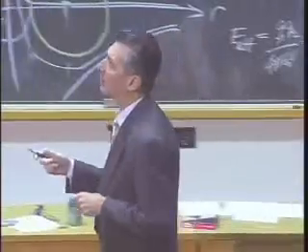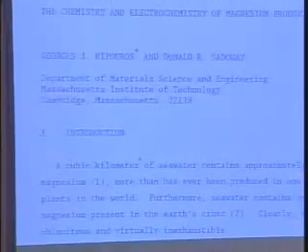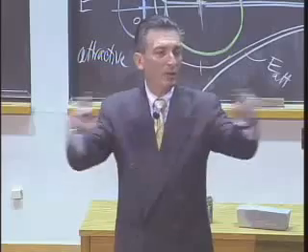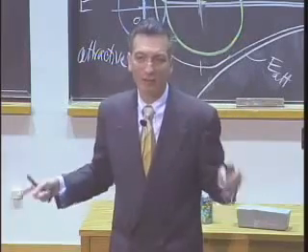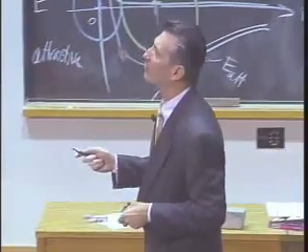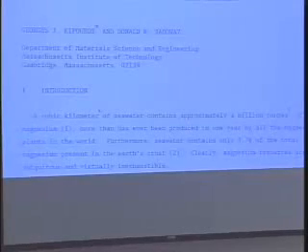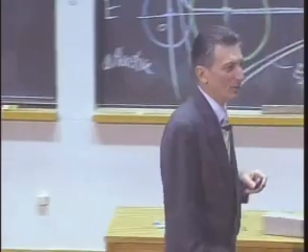A cubic kilometer of seawater. Go into the ocean and imagine a box 1 kilometer by 1 kilometer by 1 kilometer. That's a cubic kilometer. It contains 1 million tons of magnesium, which is more than has ever been produced in 1 year by all the magnesium plants in the world. Annual production of magnesium is about 600,000 tons per year.